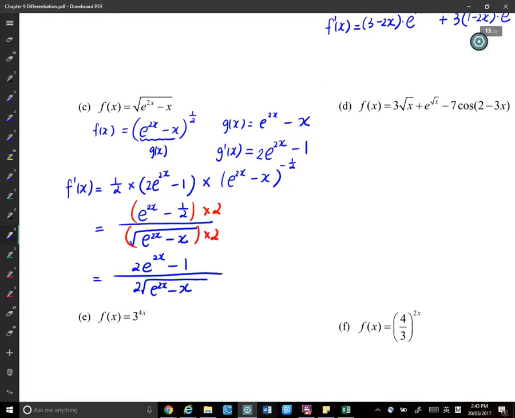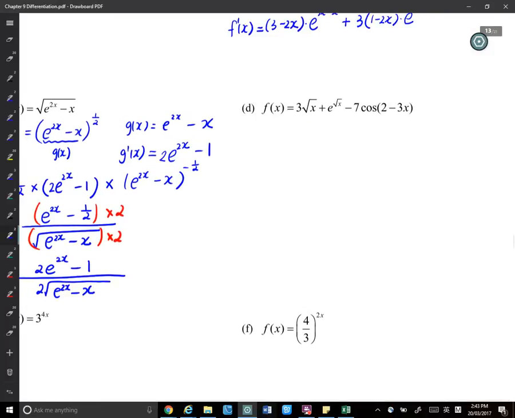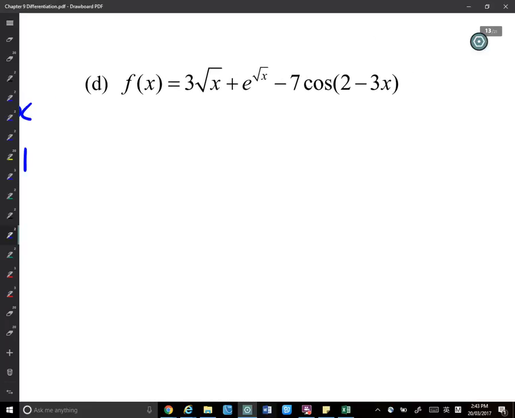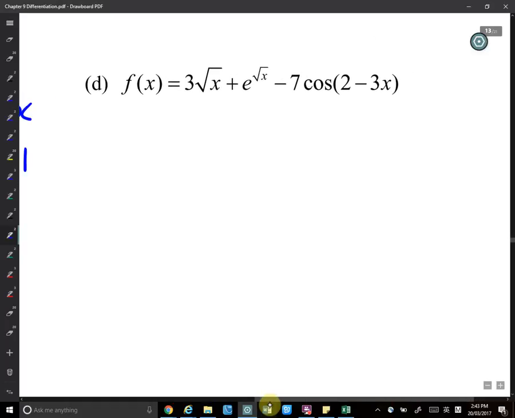Okay, so let's look at D. I have separate parts. I have first 3 square root x. So let's write y equals 3 square root x. So 3 square root x is 3 x to the power of a half.